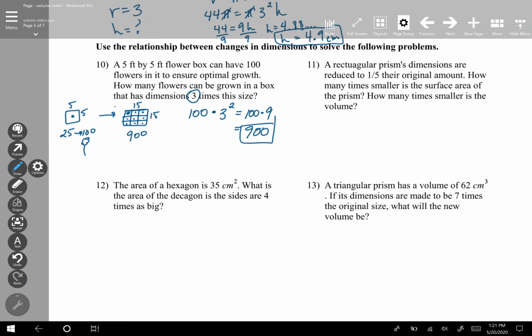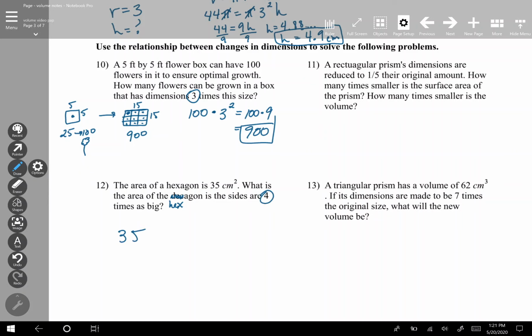Okay, so I'm going to go down here to problem number 12 and let's deal with area again. It says the area of a hexagon is 35 centimeters squared. What is the area of a hexagon if the sides are 4 times as big? Alright, so take your original.